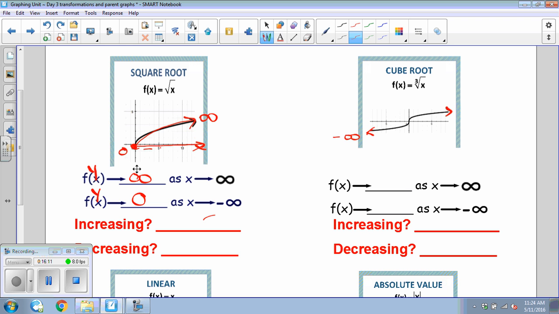And what about this side? Positive infinity. Okay? As my x values get bigger, my y values are also getting bigger. Okay? These tell what's happening to the y values as you head in those directions. Okay? So, read this. Read it out loud.